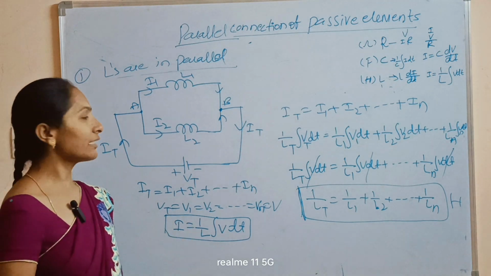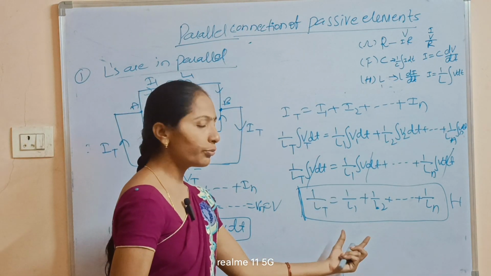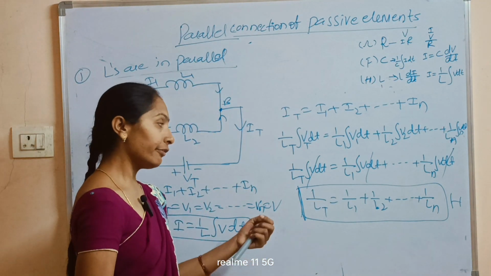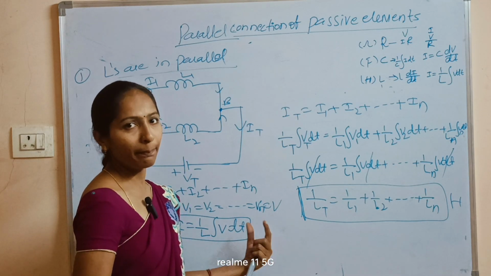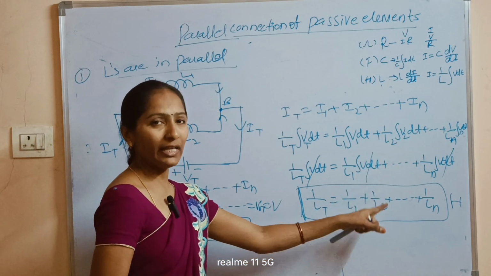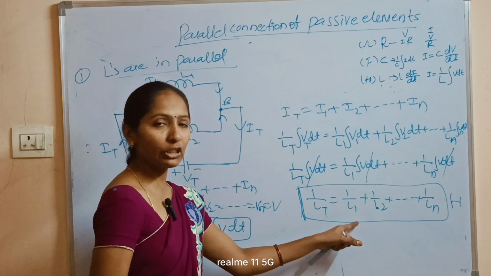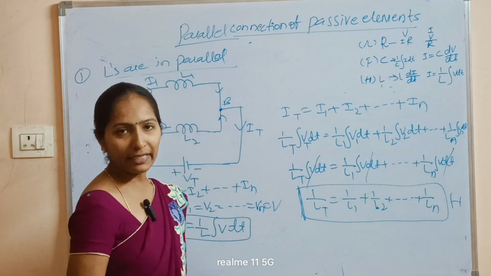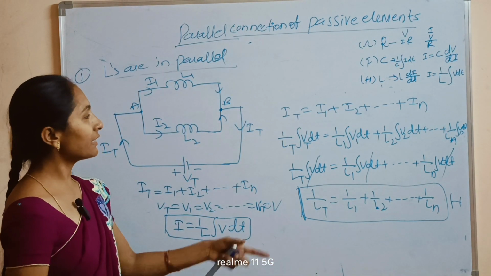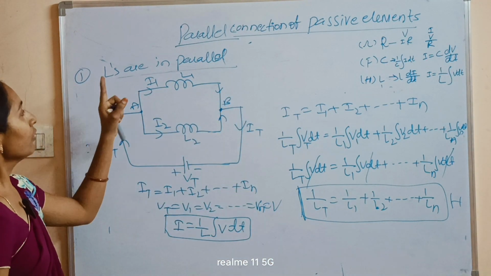Again, if two inductors are in parallel, it is L1 L2 by L1 plus L2. If three inductors are in parallel, it is L1 L2 L3 by L1 L2 plus L2 L3 plus L3 L1. Okay, so inductors in parallel.